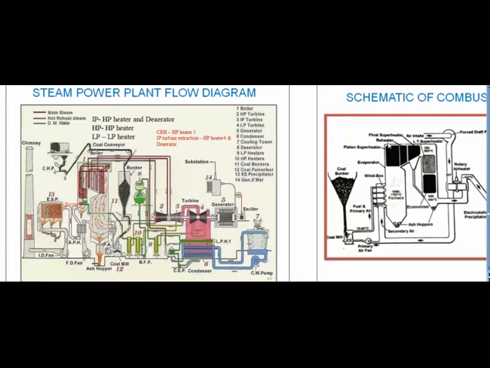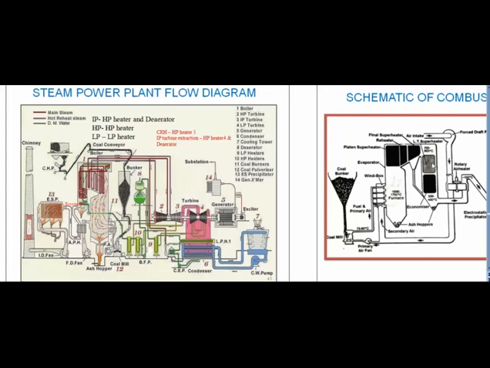The furnace is divided into 2 parts. This one is known as the radiant zone and this one is known as the convective zone. Due to combustion of coal, the flue gases are generated and they pass through the superheaters and reheaters, that is, platen superheater, reheater, final superheater, and then go to the second pass, that is the convective pass.